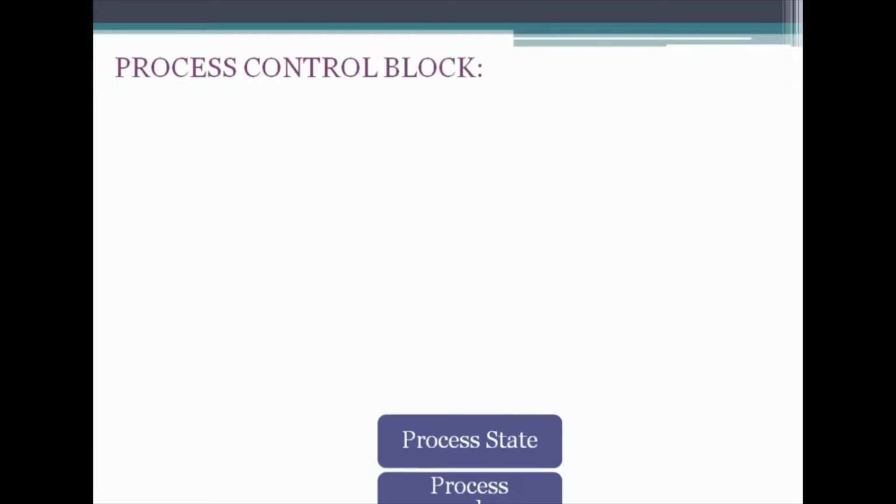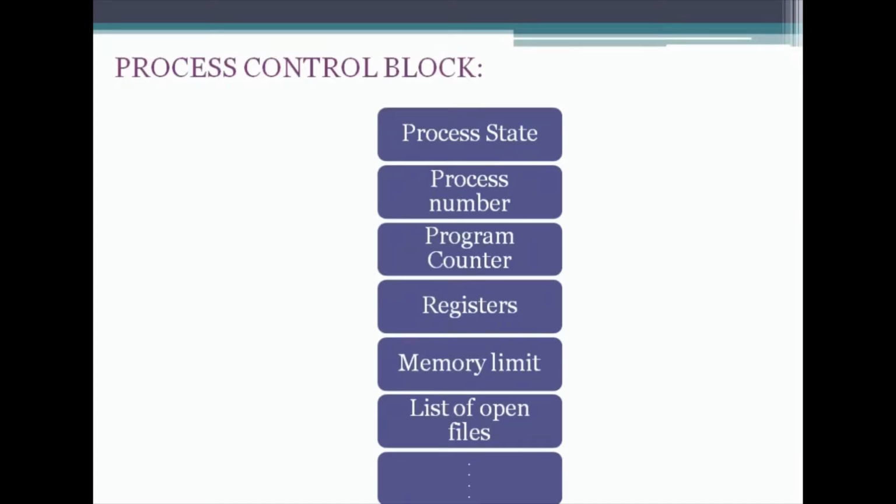Now let's look at how a process control block looks. As already told, it is like a stack. At the beginning it is the process state, then process number, then program counter, then registers, memory limits, list of open files, and many other things which we are going to see.